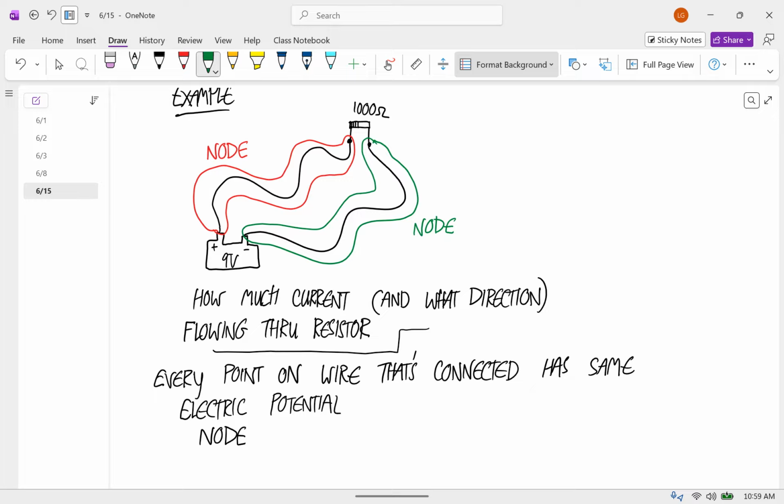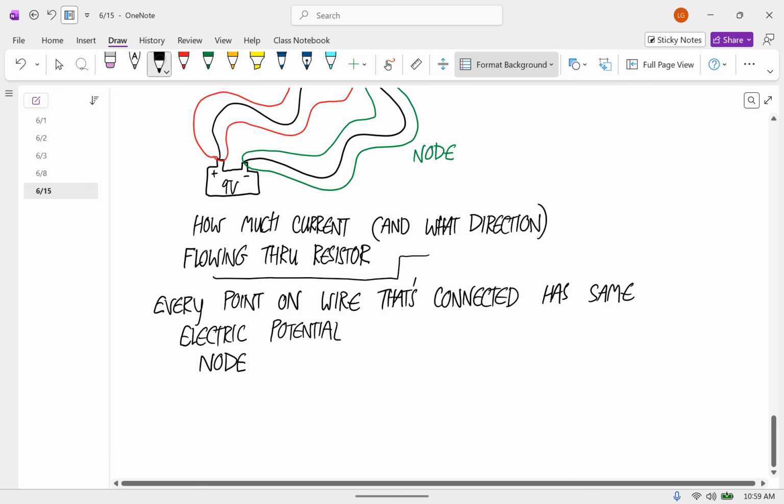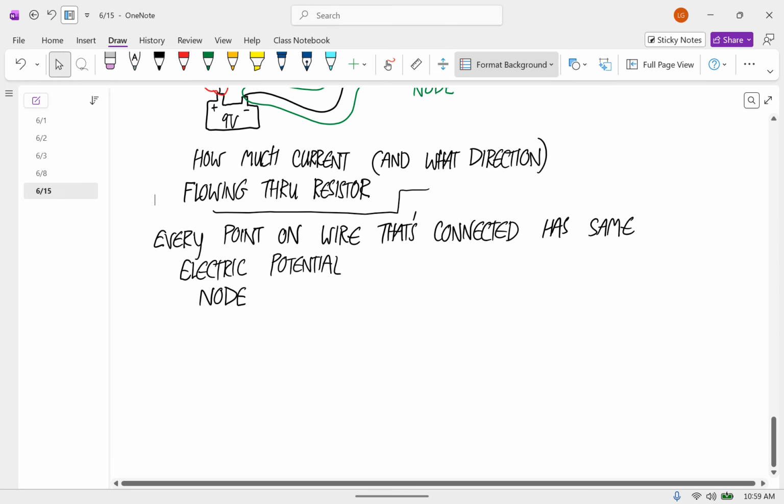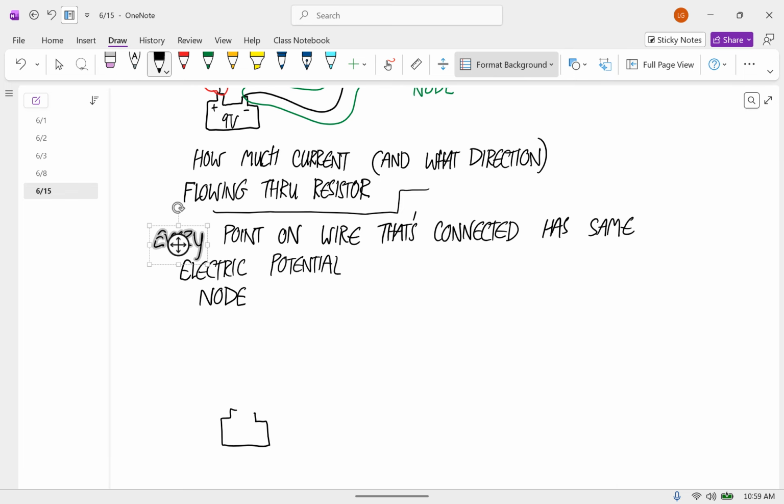Since all of this circled in red has the same electric potential, we can think of this as having an electric potential of 9 and this having an electric potential of 0 since it's connected to this one. I'll redraw this, make it a little cleaner.